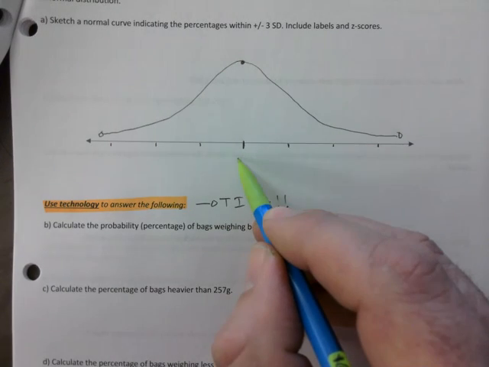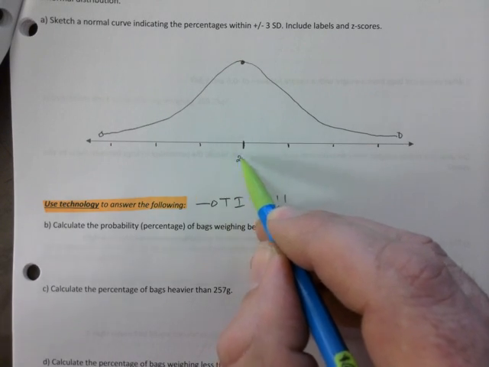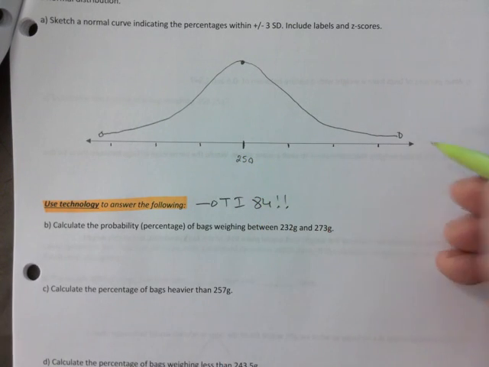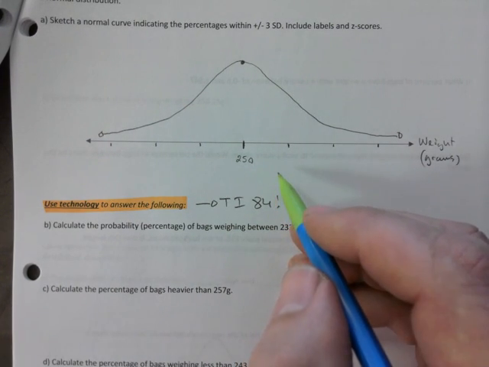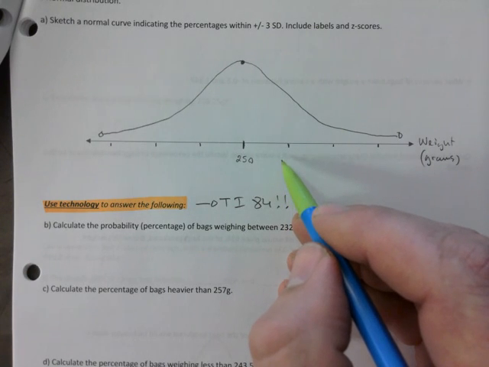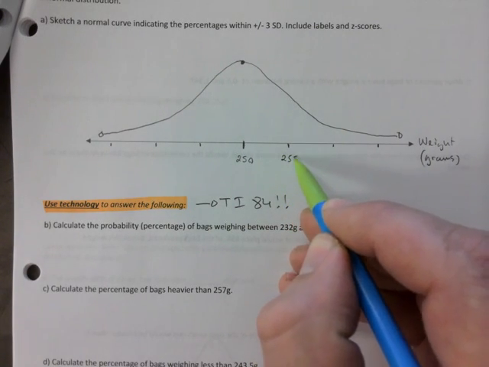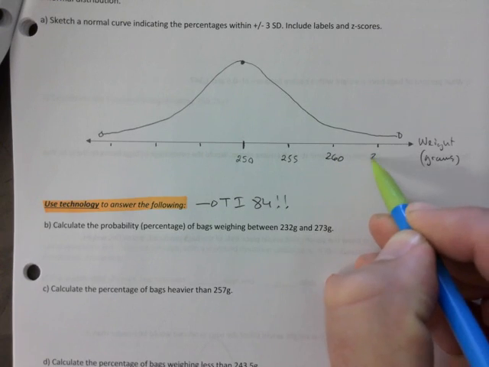We're talking potato chips, and the bags weigh 250 grams. So maybe right away you go weight in grams. Label that. So in our standard deviation, thank goodness it's 5. So it's just 255, 260, 265.